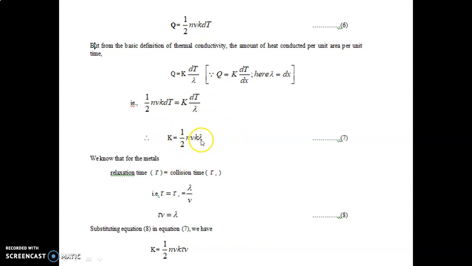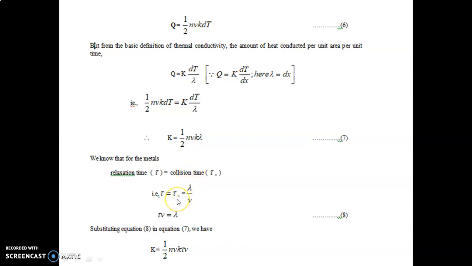Here we are writing this thermal conductivity equation in terms of velocity and collision time. That is, we are replacing this lambda. We know collision time is tau. Here relaxation time and collision time are equal because it is a metal.